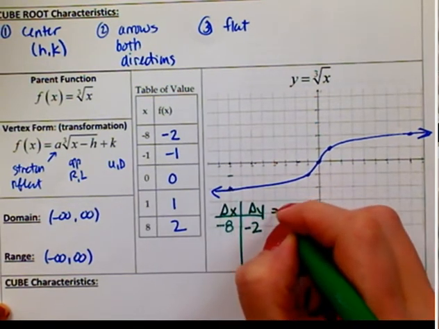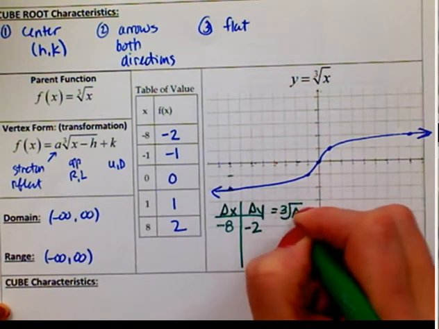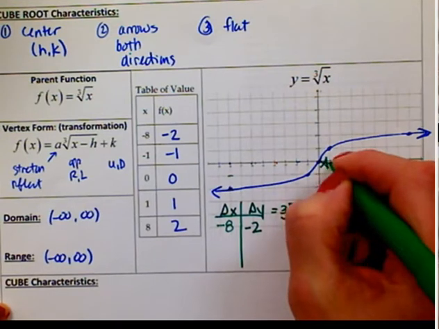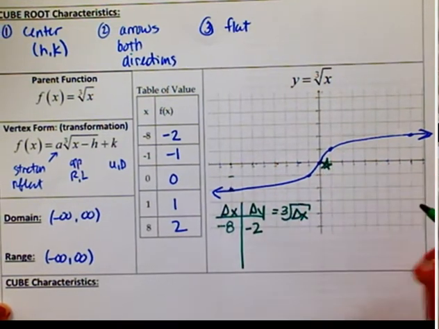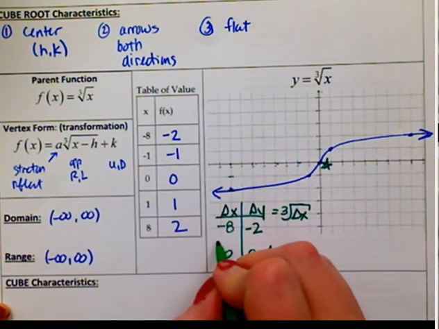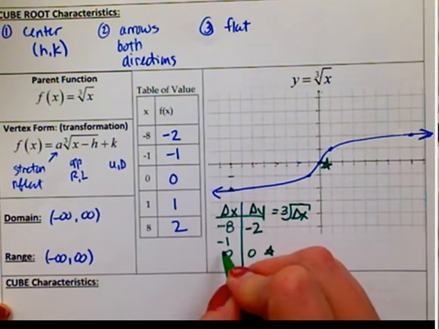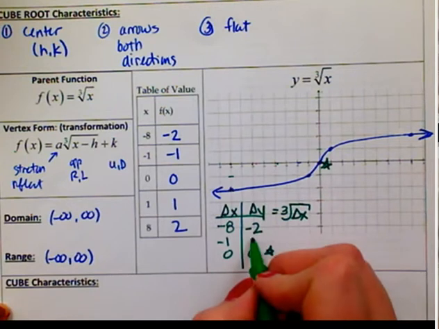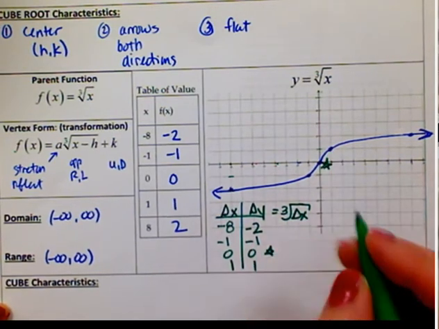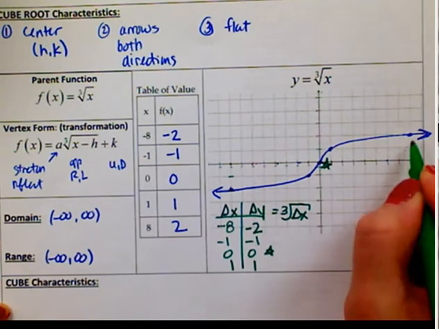Why am I going down 2? Because what I'm really doing is I'm cube rooting that distance from the center. Everything counts from the center. -1, down 1. +1, up 1. Positive 8, up 2.